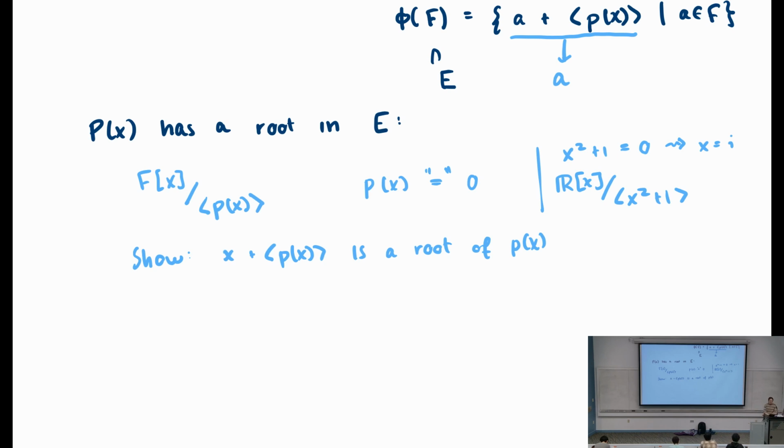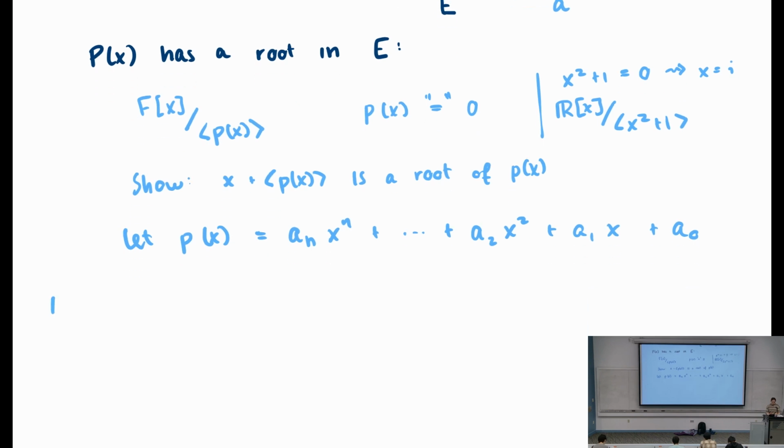Okay, so let's write p(x) as a_n x to the n, plus, going down to a_2 x squared plus a_1 x plus a_0. Let's suppose that this is our expression for p. Then let's plug in the coset x plus the ideal generated by p(x).